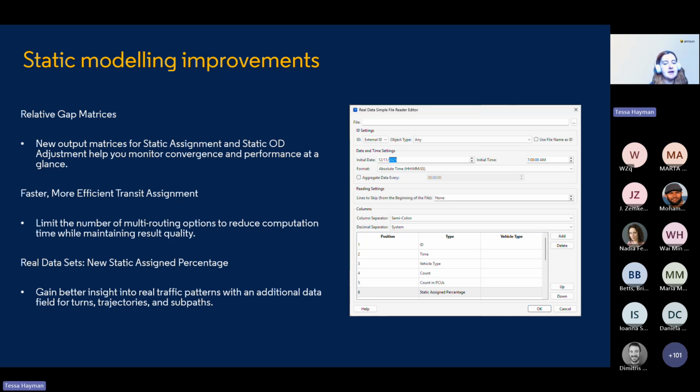We've also added the ability in the public transport assignment, also known as transit assignment, to limit the number of multi-routing options. This should reduce your computation time whilst maintaining your quality. We've also, in the real data set, added in the ability to put in the assigned percentage. So this is the percentage of vehicles that are turning left or right at a node, rather than the exact number of vehicles turning left or right.